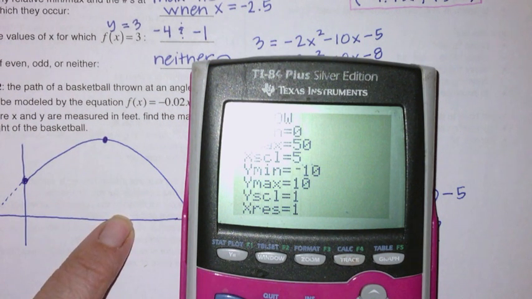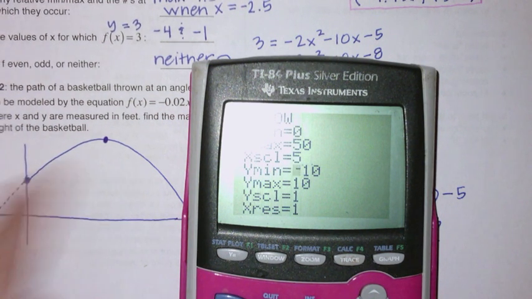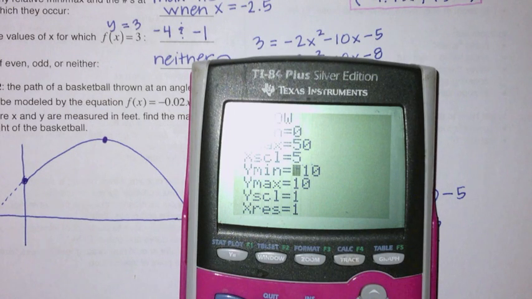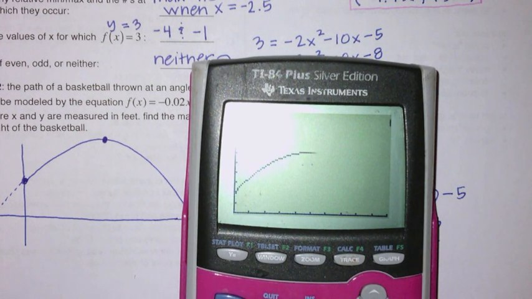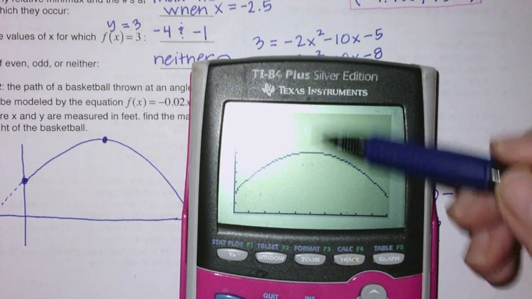For the y values, it's not going to go below the x-axis, so that's 0. How high can he throw this basketball? Maybe 30 feet high, scaled by 3, and then hit graph. Hey, that's pretty good. I maybe guessed a little high there, and maybe didn't guess far enough here.